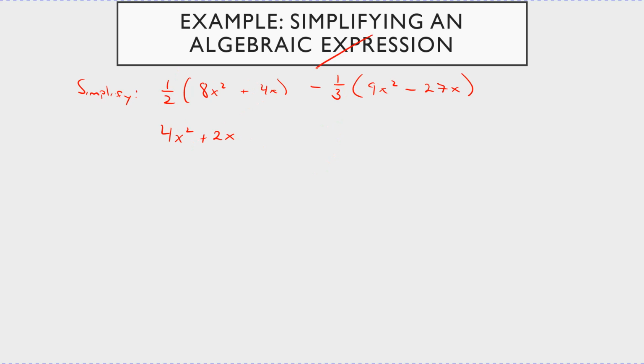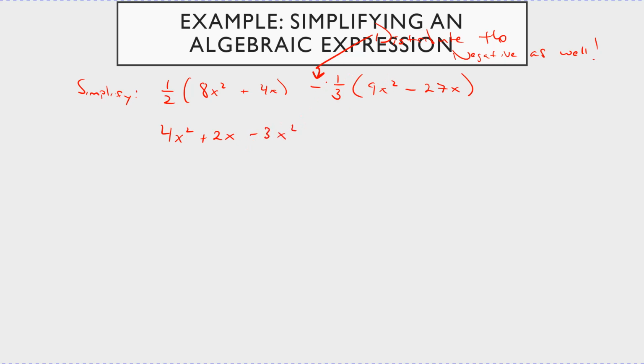Now notice the negative here. Okay, so you're going to have to distribute the negative as well. So 1/3 of 9. If you can think of this as 1 times 9 is 9, divided by 3, well, that gets me 3. So the negative comes with it. So this is minus 3x squared.